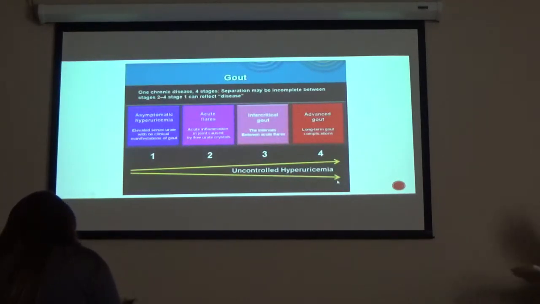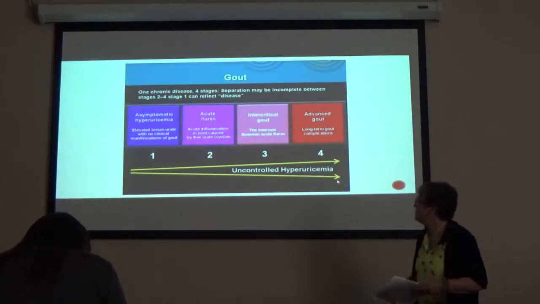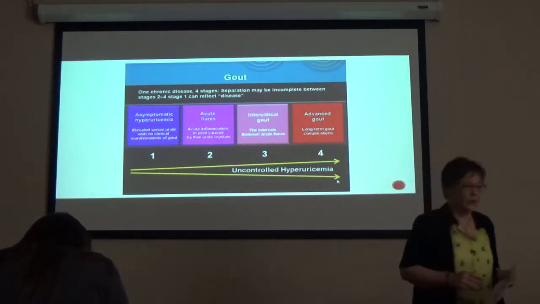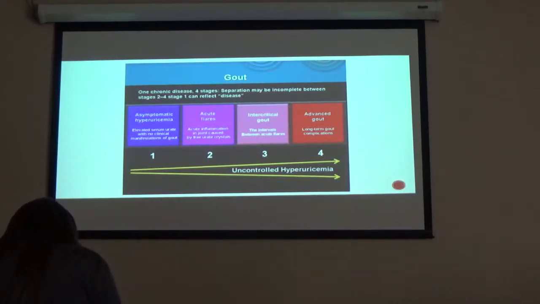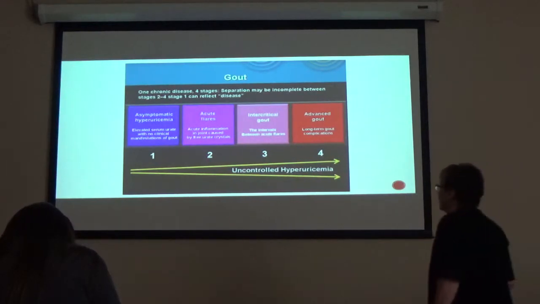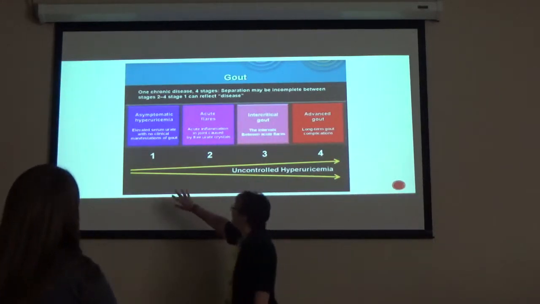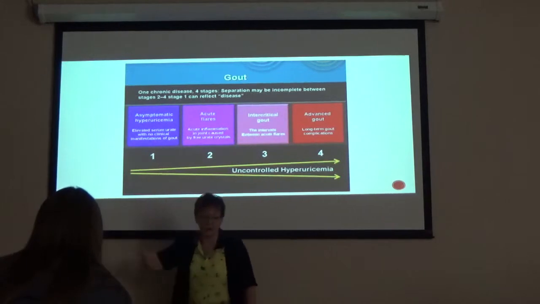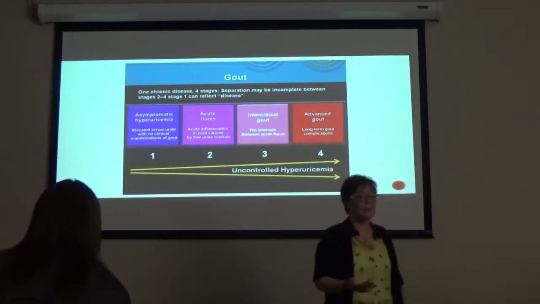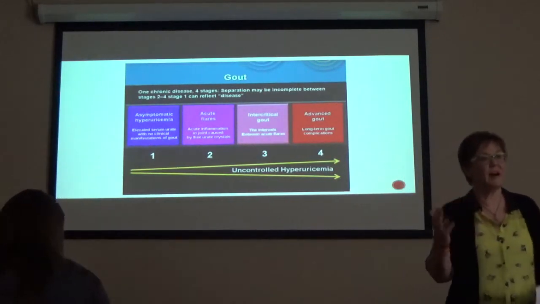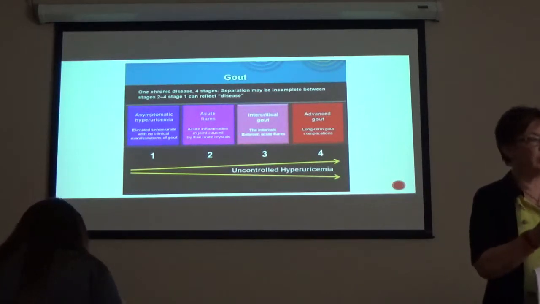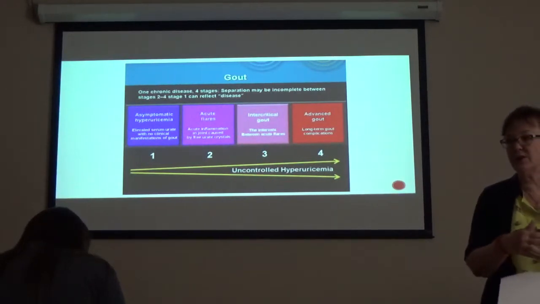Okay, let's walk through this. This is the common life cycle of a person with gout. Initially, if you've looked at their uric acid, you may find it's elevated. Usually the higher the uric acid, the more likely they are to get gout.